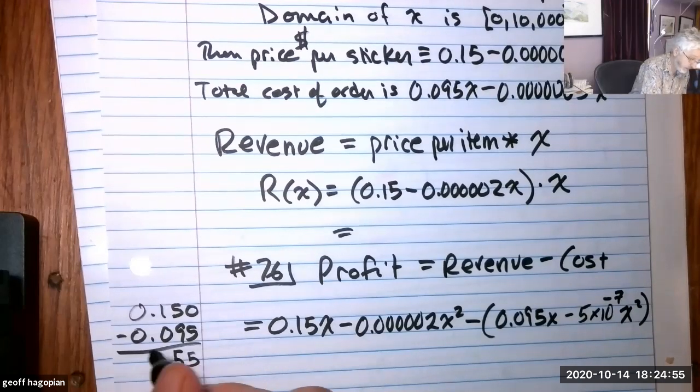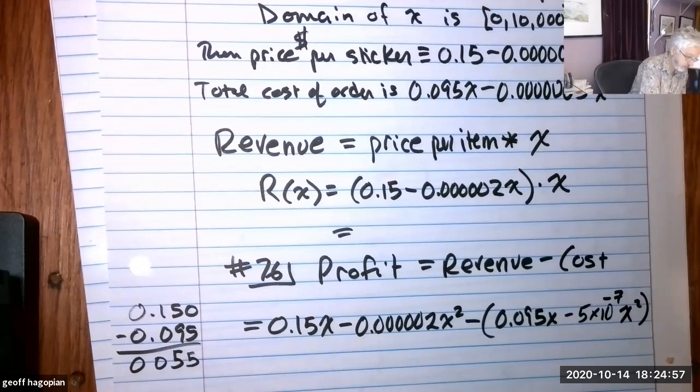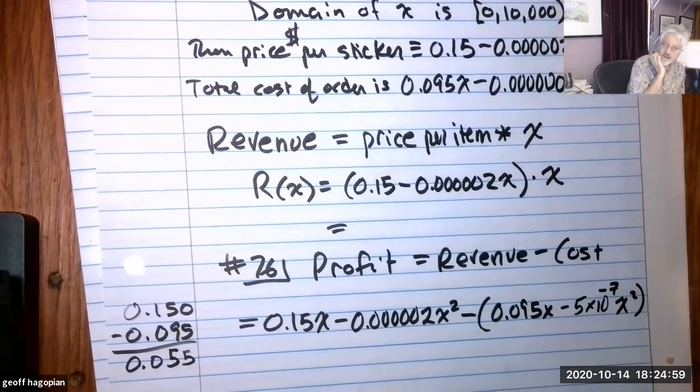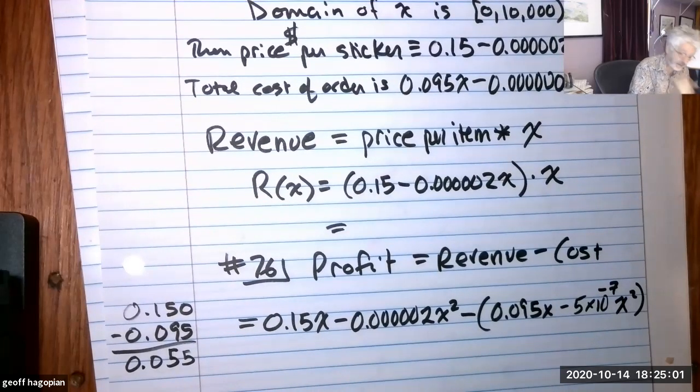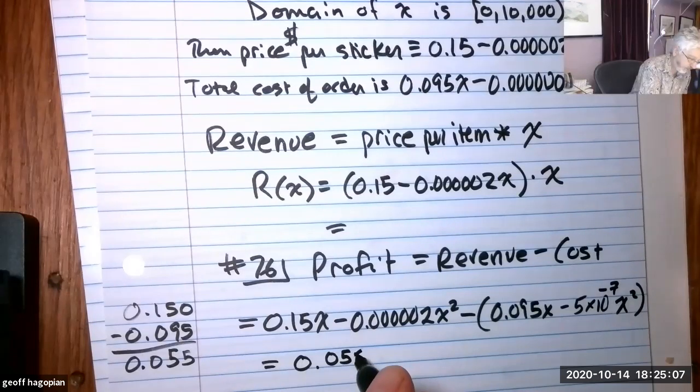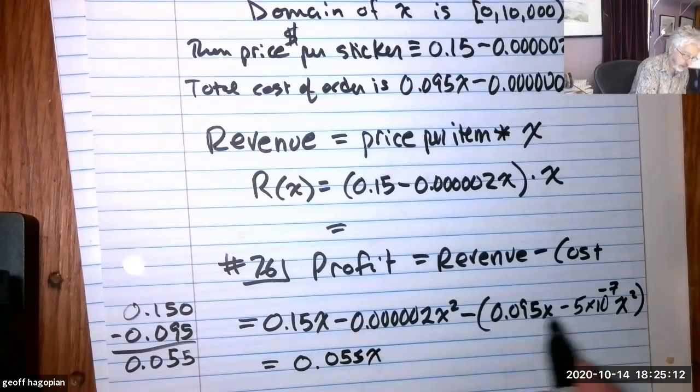I plugged it back in to check, and you see that works out. So this is 0.055, 55 thousandths x.